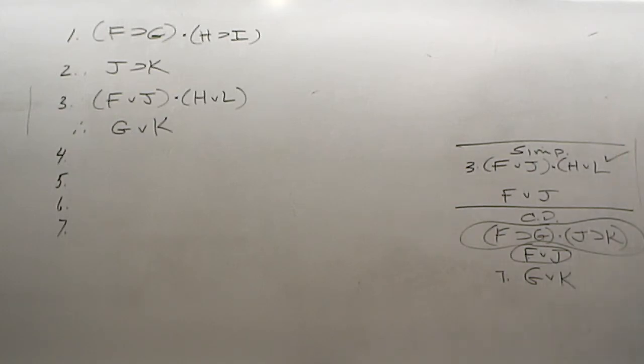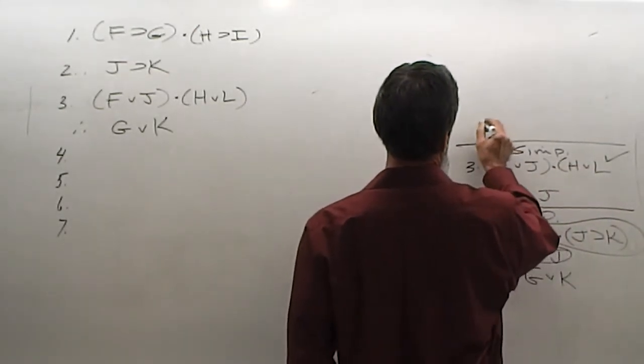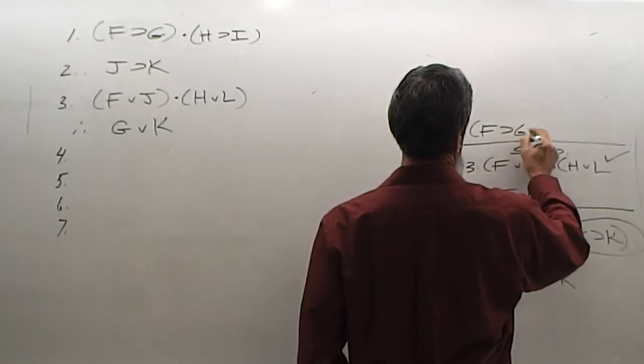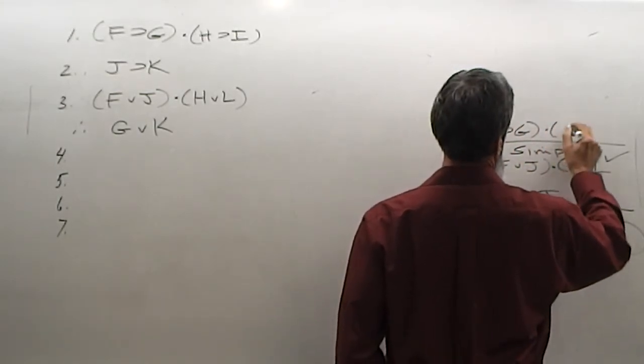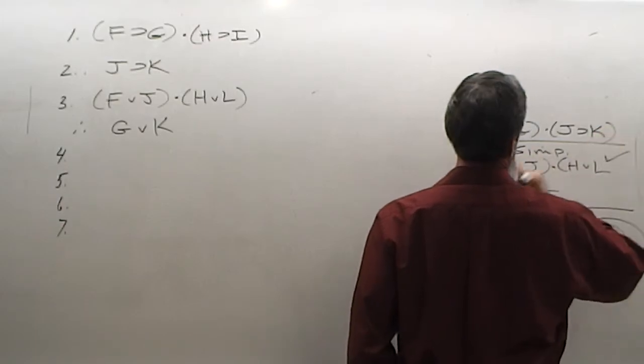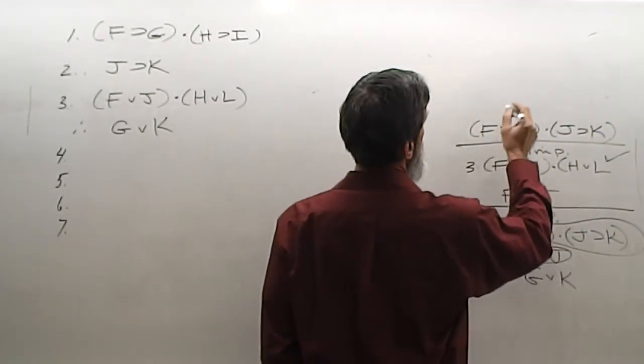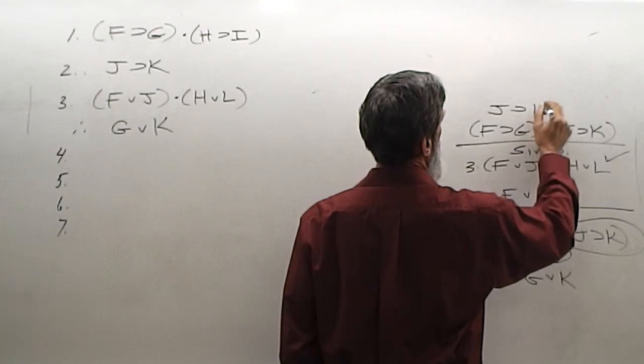There's only one way to make a dot. There's only one way to create a dot, and that's conjunction. You have the conclusion of conjunction, you have the premises. Always, always, always.